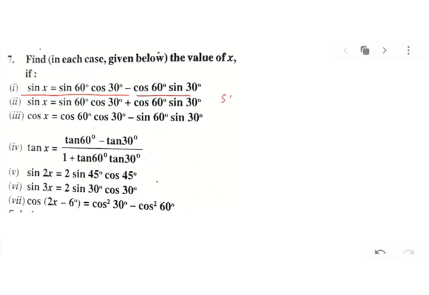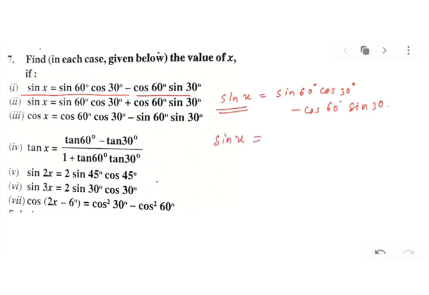Let's start. Sin x is equal to sin 60 cos 30 minus cos 60 sin 30. My dear kids, you have to find the value of x. It's not proving that you have to separately do it. You have to simultaneously start the equation.